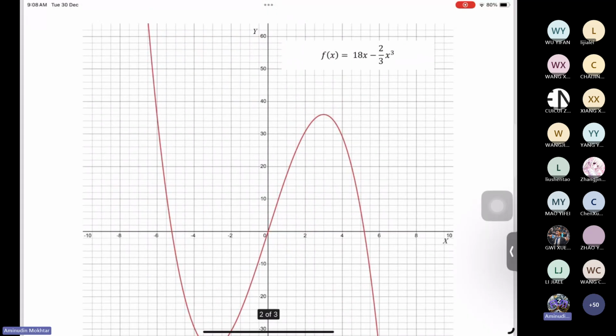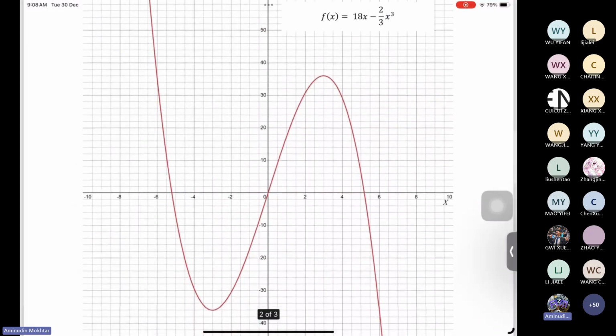I will show you how to use the first derivative and second derivative in order to identify whether the graph is increasing or decreasing, whether the graph is concave up or concave down, or in other words, what the maximum or minimum point of the graph is, in terms of relative maximum or relative minimum.